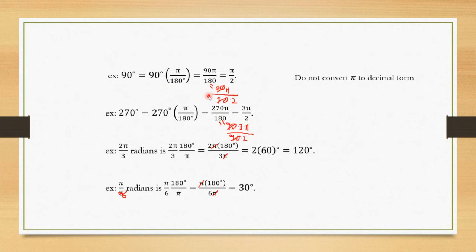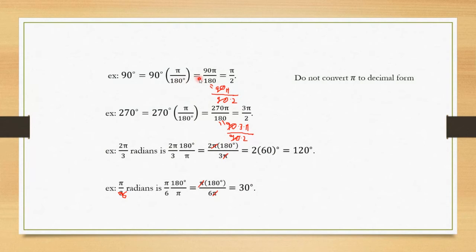So here, I just did some examples, mostly from the last class. 90 degrees, right? What would that be in radians? Again, I wrote here, don't convert pi to decimal form. So for 90 degrees, I want to write that in radians. I multiply by pi over 180 degrees. When I do that, the degree symbol vanishes. You can think of that degree symbol as canceling.